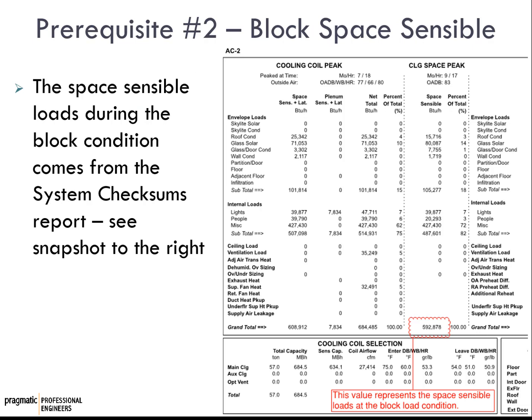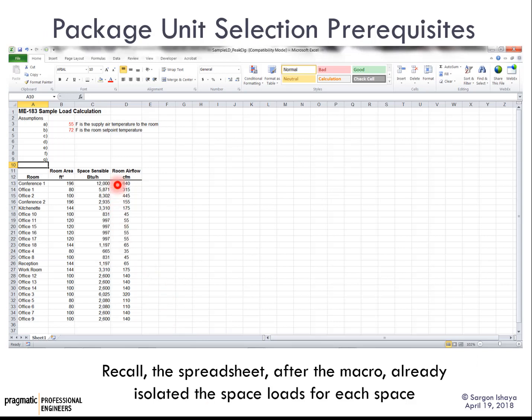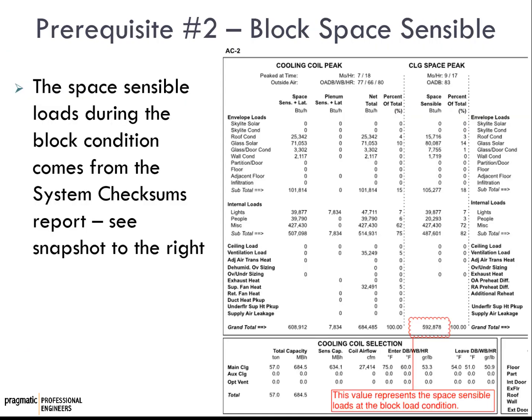And what we need to look at now is what is the block load of the spaces in your system. And remember, this does not equal the sum of the peaks in your spreadsheet. If you add all of these together, the space sensible loads, it will not equal the block load of the building, this value here.